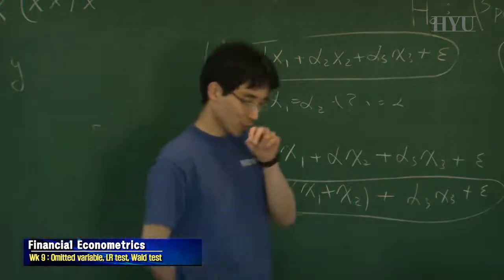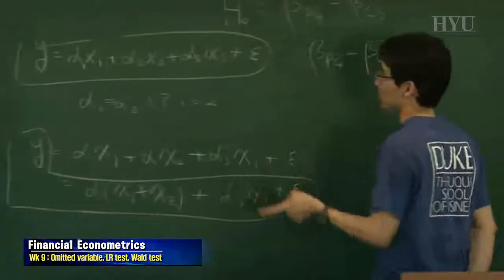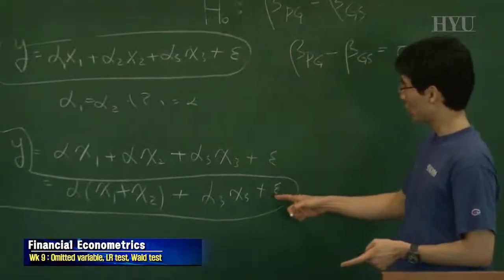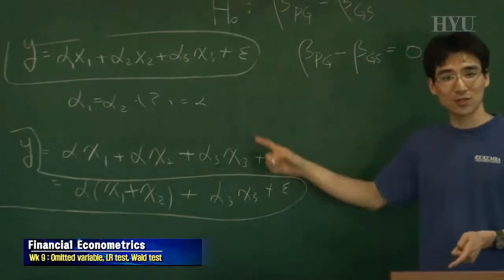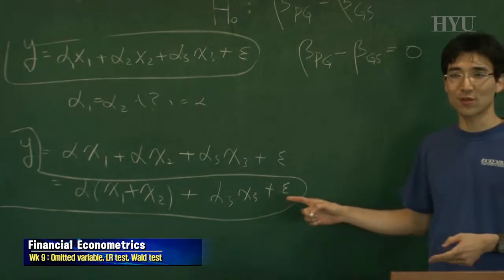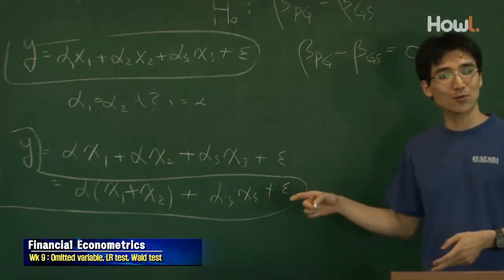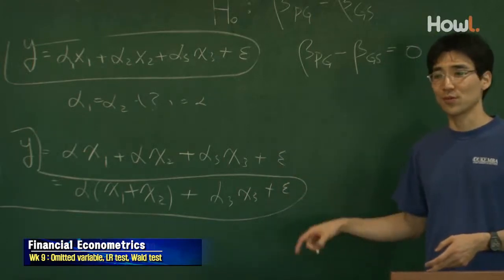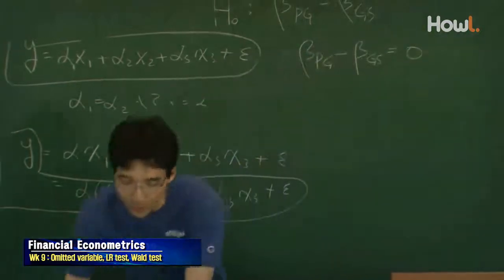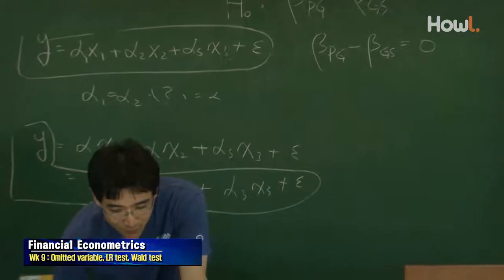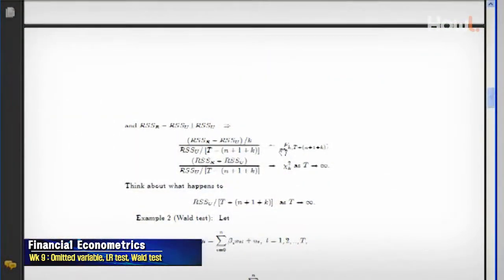So what we can do is run the regression and get the residuals from this, and run the regression from this and get the residuals. So we have the unrestricted residual and the restricted residual, and then we can compare the two residuals. We can do this F test.